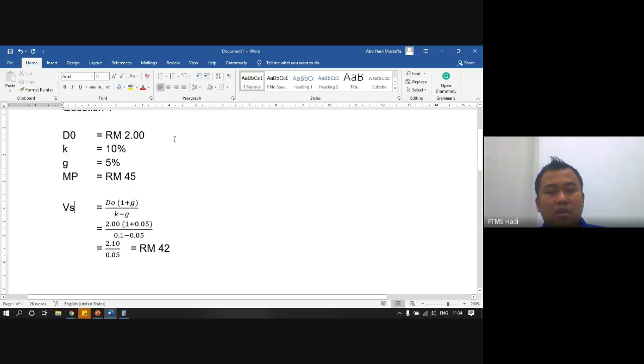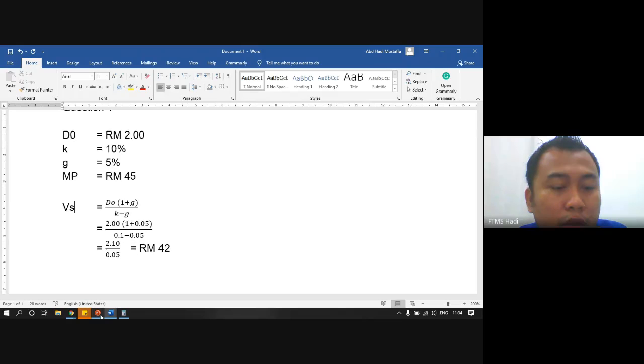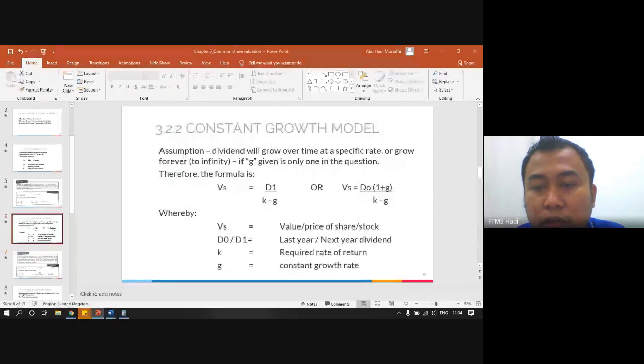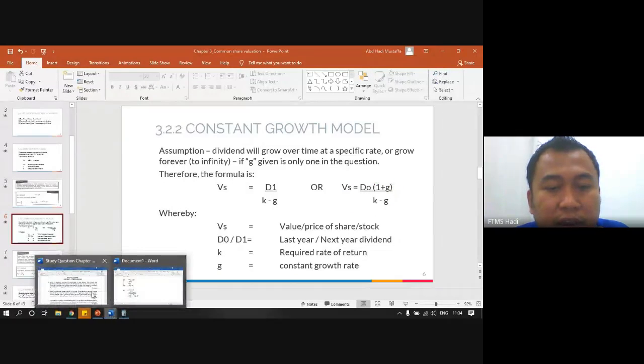This is the price that the investor is willing to pay to Buku Berhad, or the price that Buku Berhad issues. Okay, 42 ringgit. So that is how you do D0. Remember, if it is related to D0, this is the formula. And then let's have a look at another question.